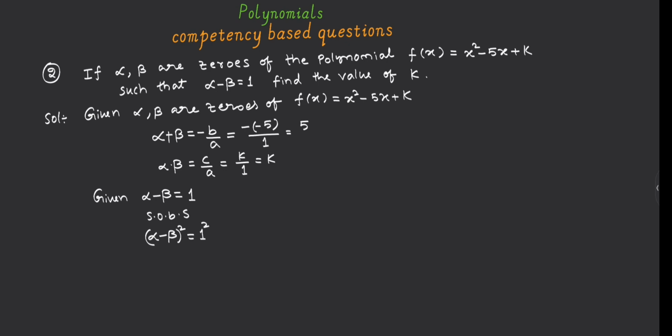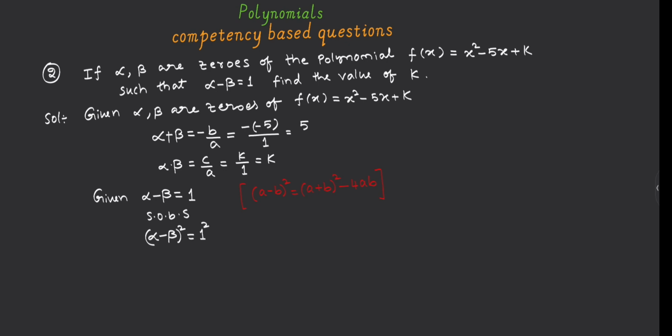And here we need to use a formula that a minus b whole square can also be written as a plus b whole square minus 4ab. This is the formula. We have a minus b whole square as a square plus b square minus 2ab, but here we use a minus b whole square is equal to a plus b whole square minus 4ab.